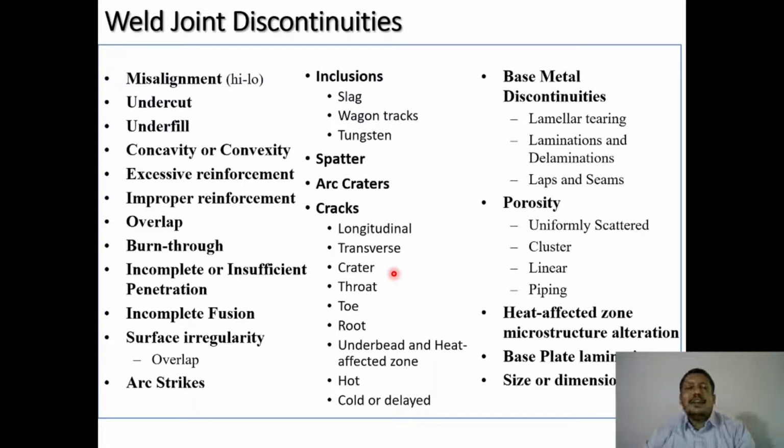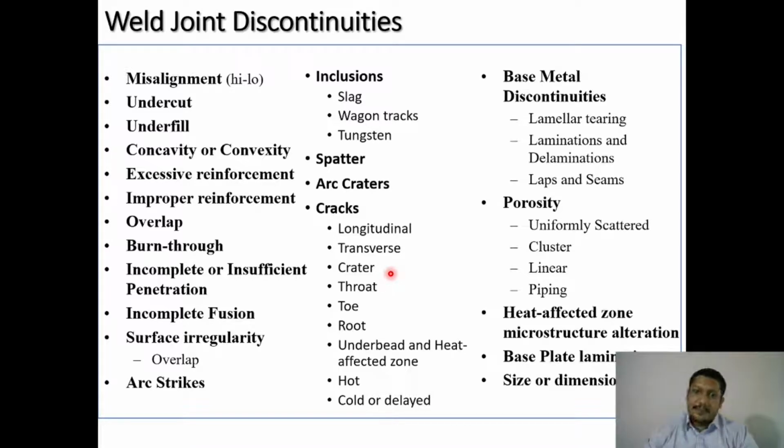If we talk to any industrial people, they will say that the repair cost is 10 times higher than the production cost. So if we can remove these discontinuities to get a defect-free weld, that will be the aim of every welding industry.